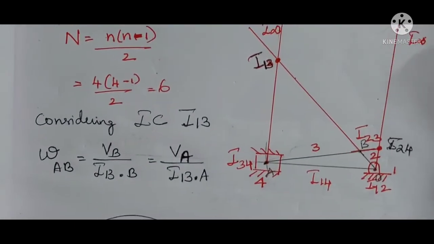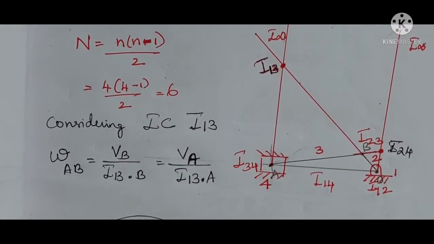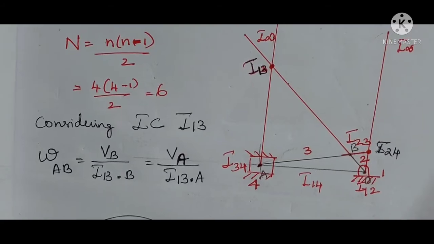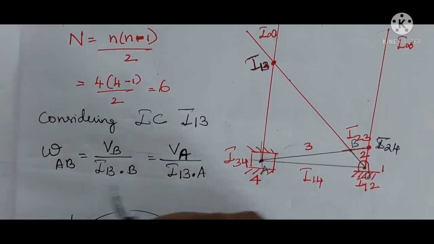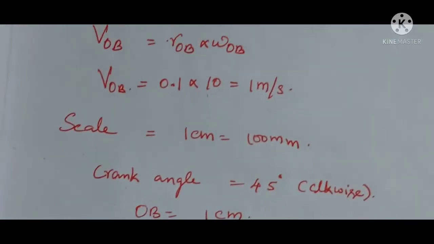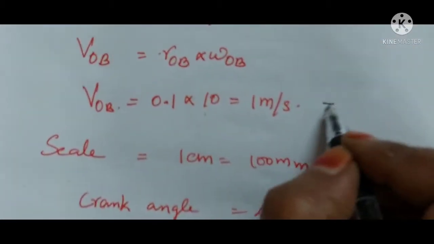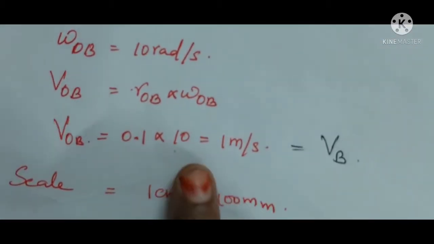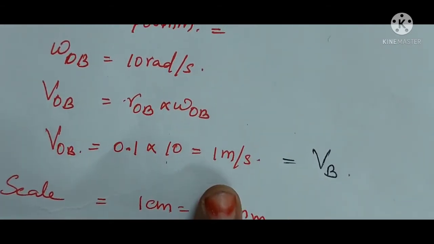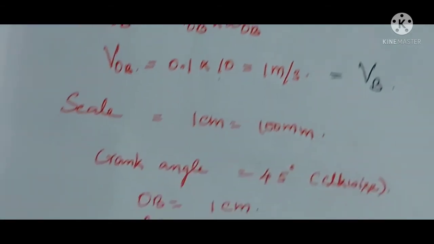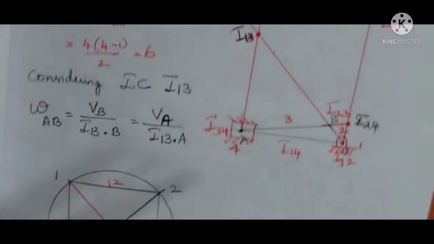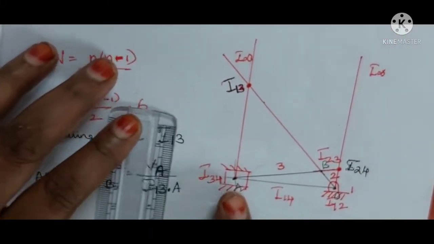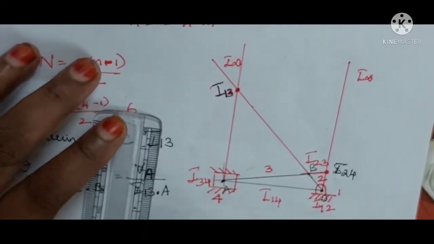So now velocity of the slider A and angular velocity of the connecting rod AB we need to find out. So here VOB is given. VOB is nothing but O is the fixed point. So finally you will get VB. So this is also equal to VB. So VB is 1 meter per second. So first from the diagram find out what is I13 dot B, I13 dot A.